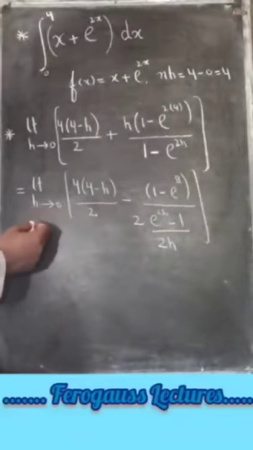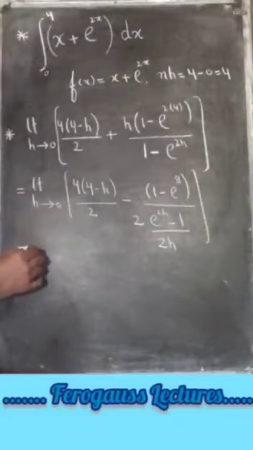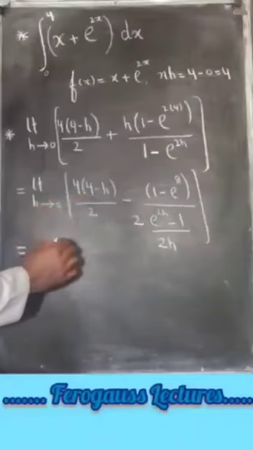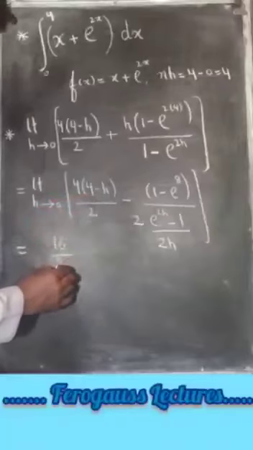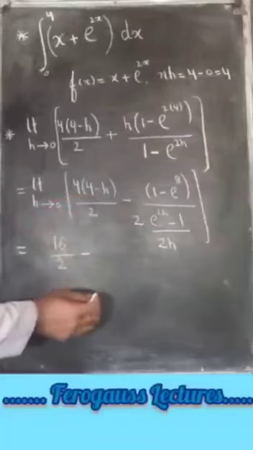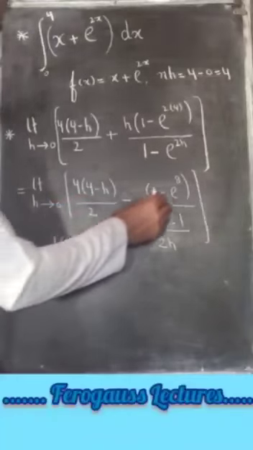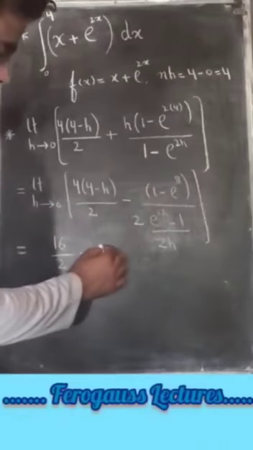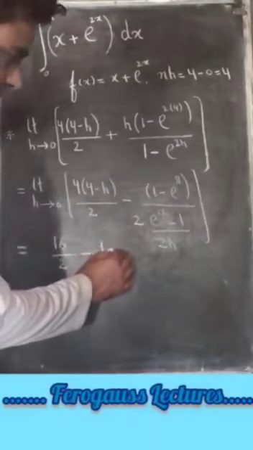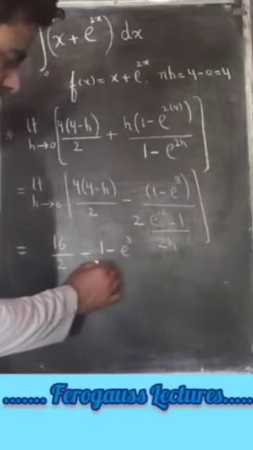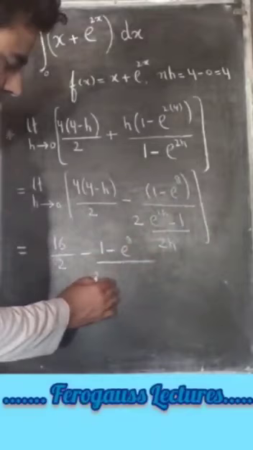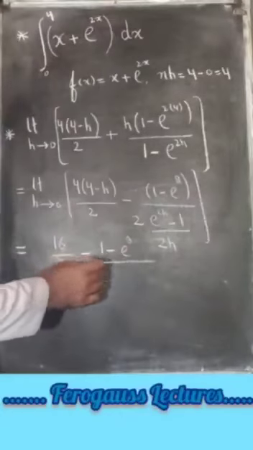Now apply the limit as h tends to 0. We get 4 into 4, that is 16, divided by 2, minus (1 minus e^8) by 2, which is free of h.